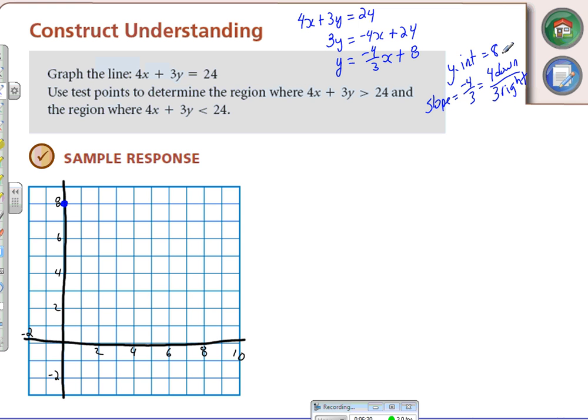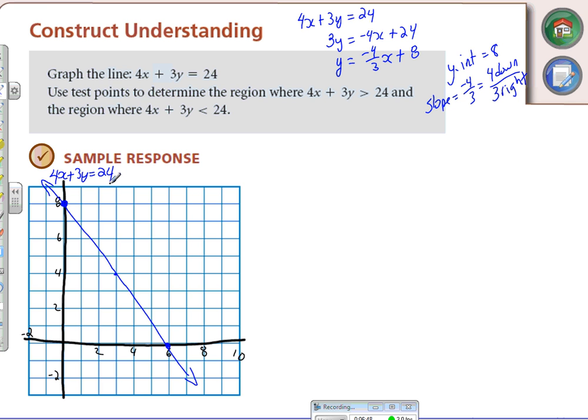So from that 8, I'm going to go 4 down, 1, 2, 3, 4 down, and 3 right, 1, 2, 3, point. And 4 down, 1, 2, 3, 4, and 3 right, 1, 2, 3. Connect those dots, extend it, and there's my line. Let's label that line 4x plus 3y equals 24.